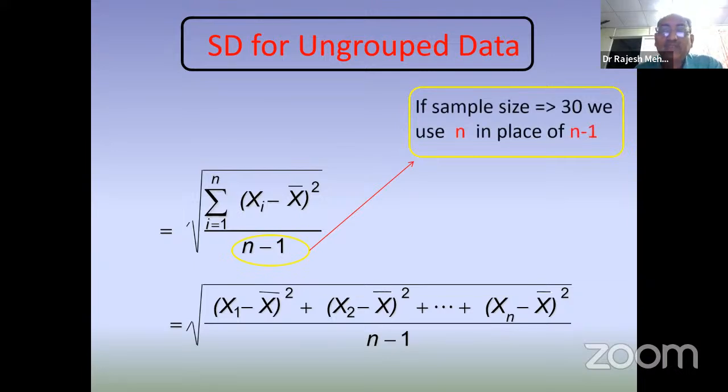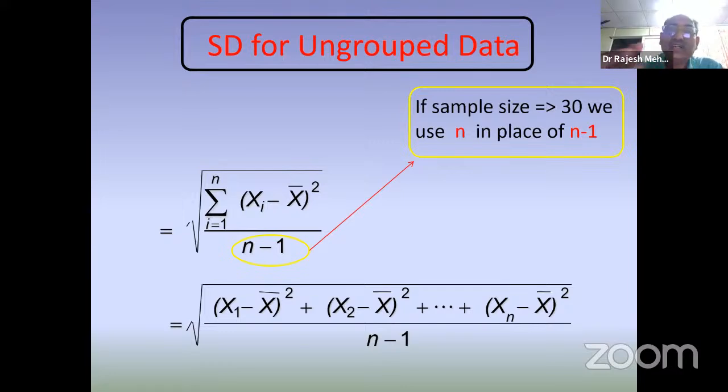You should know the philosophy of why n minus 1, because out of, let's say, 20 or 30 observations, one observation will be almost near the mean, and that deviation will not be counted. If you count it, there will be error. Suppose there are only 5 observations: 5, 10, 15, 20, 25. The mean will be 15.